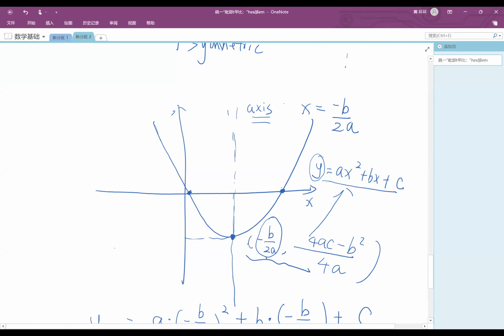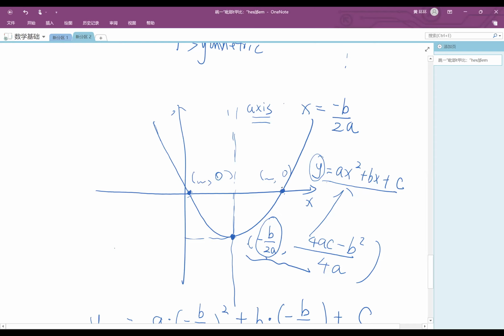Notice these 2 points are on the x-axis, right? So the y coordinate will be equal to 0, right? So we only need to compute the x coordinate for these 2 points.